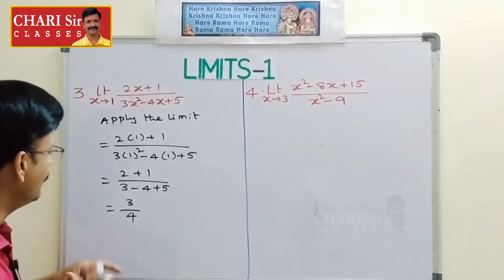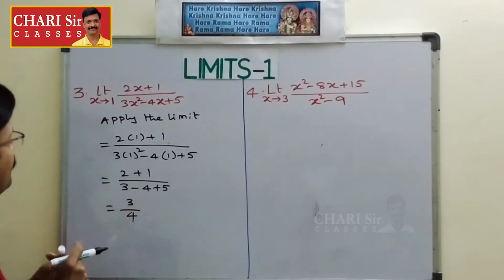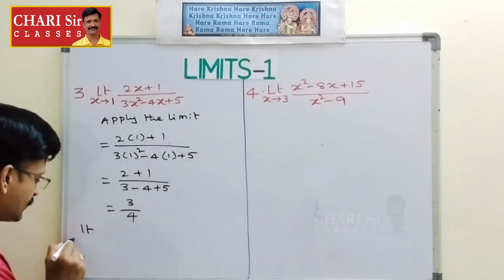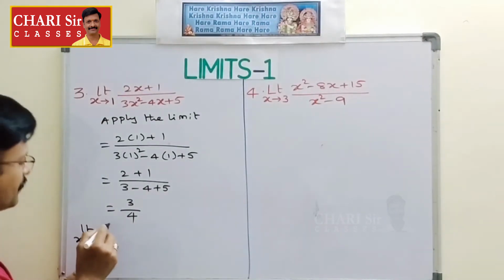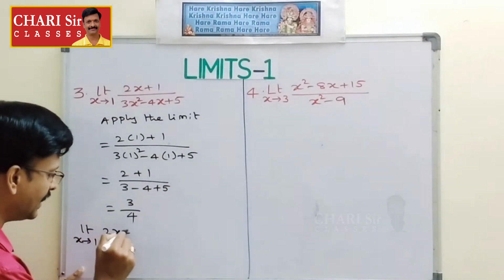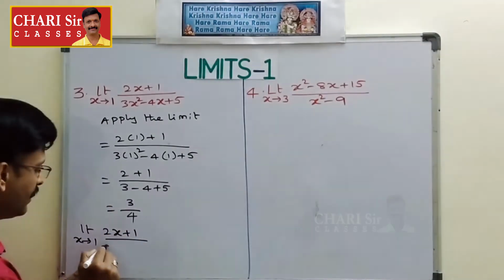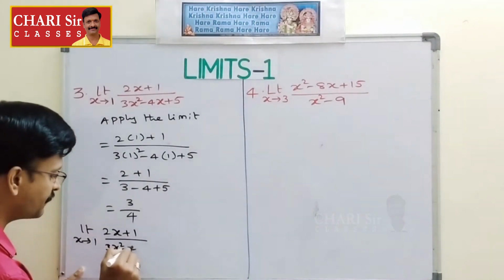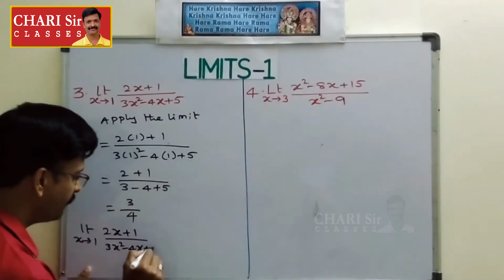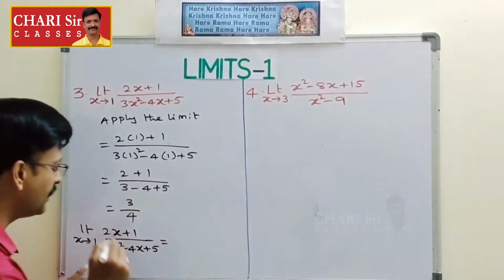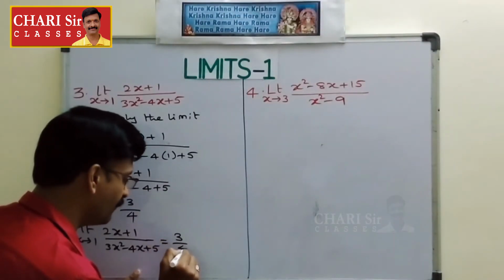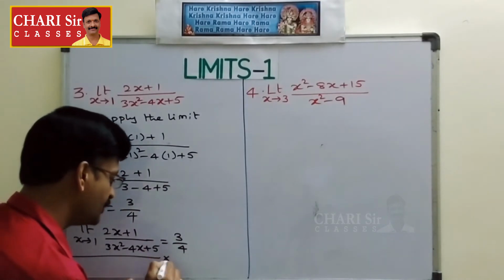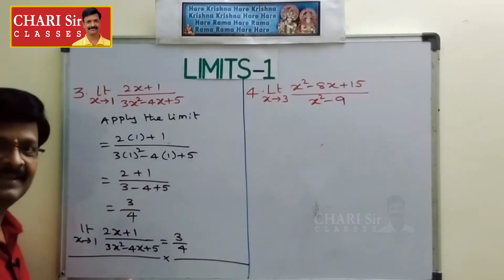So this is the limit of the given function, limit x tends to 1. In the exam also you need to write this final answer like this. You write down the question, 3x square minus 4x plus 5, and its limit value is equal to 3 by 4. With this our question solution ends.